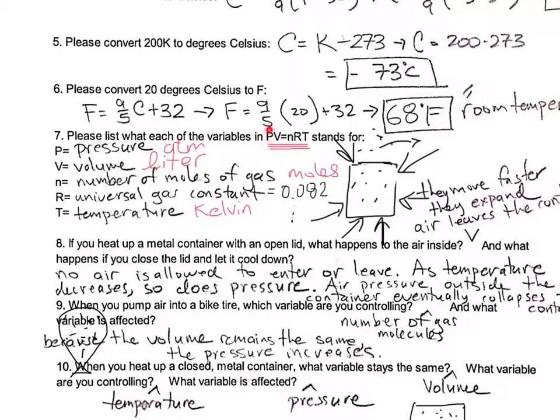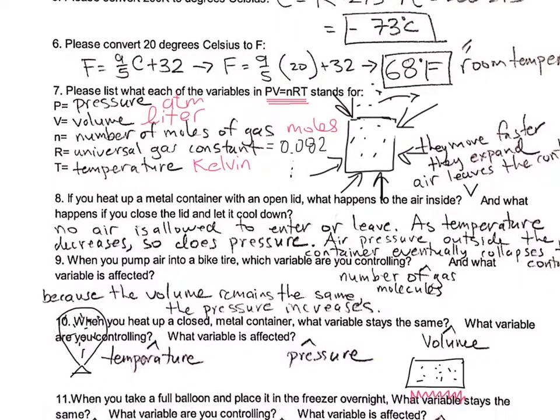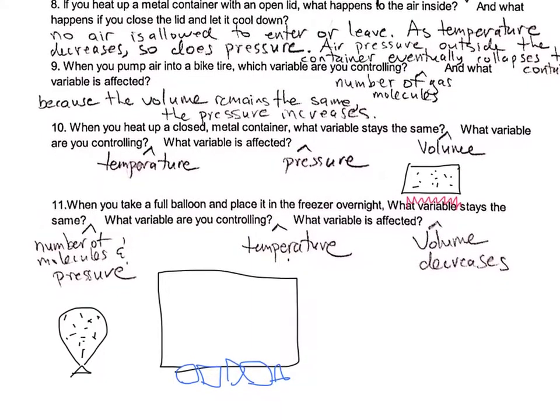But the air pressure inside a freezer is the same, so the volume will decrease. So there's our balloon, and here's our cold. So the molecules are moving back and forth more slowly, and the balloon would shrink to a smaller balloon. Okay? So the volume from this decreased to this.